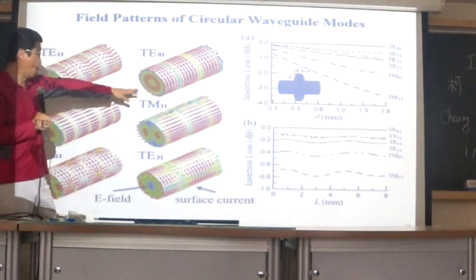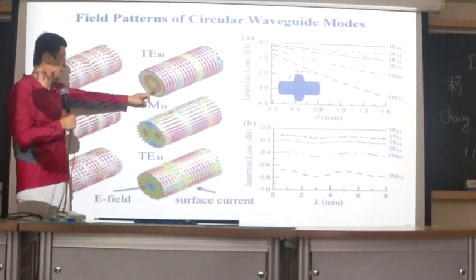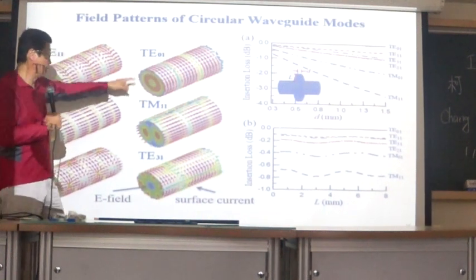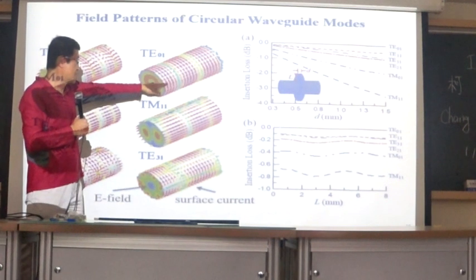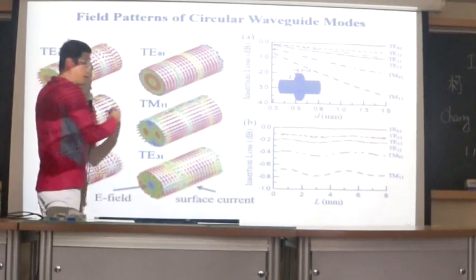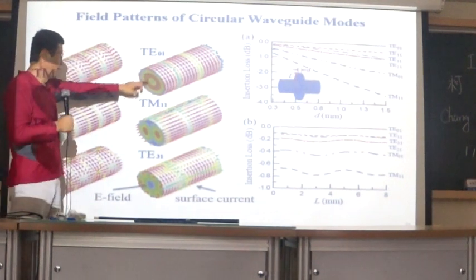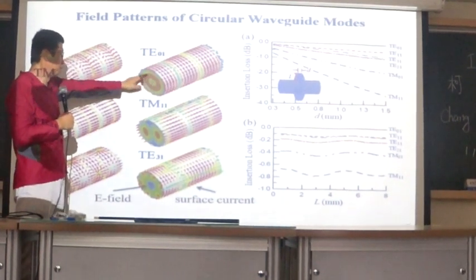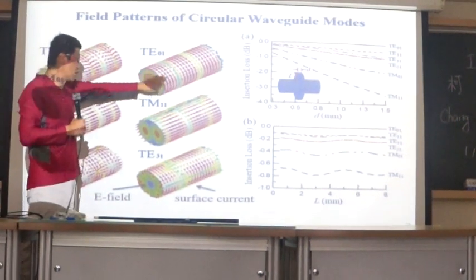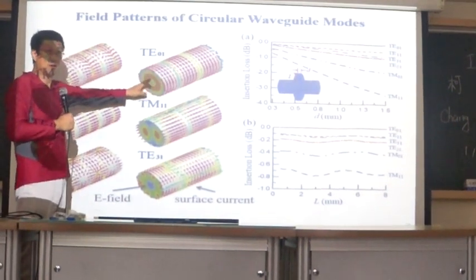For the TE01 mode, this is the field pattern, the electric field, like this one. And you can see here, this is current, so the magnetic field will be in this direction. And this is electric. You can find the relation between surface current and E field, B field.